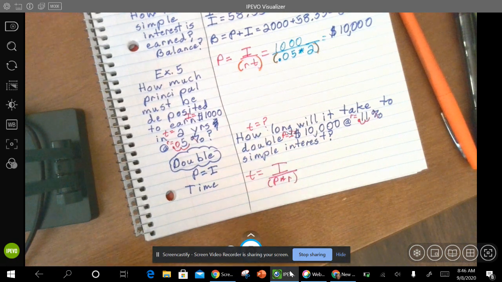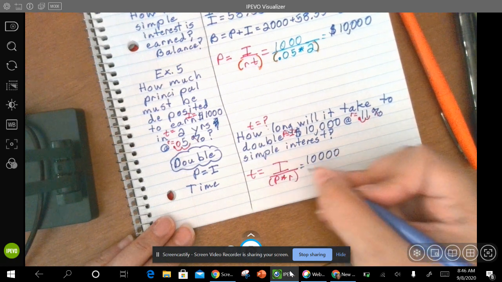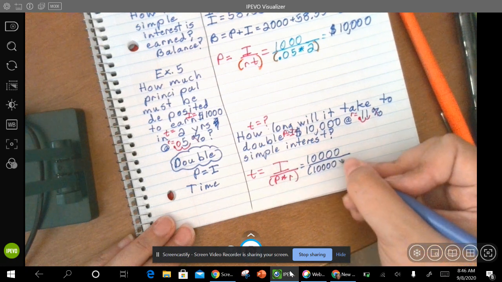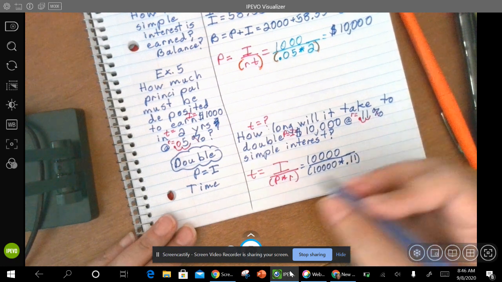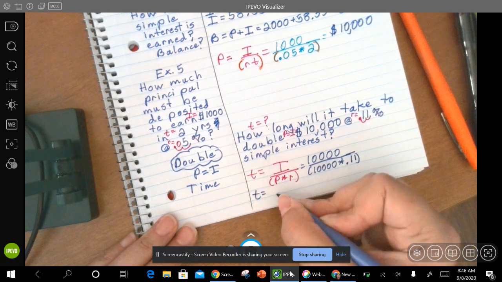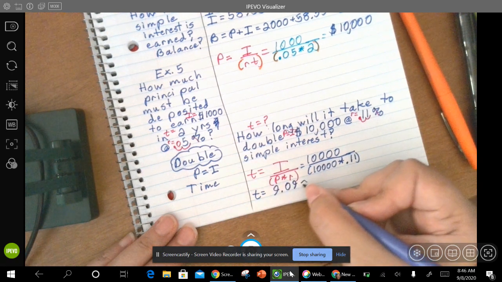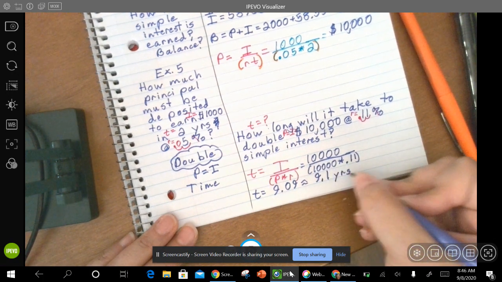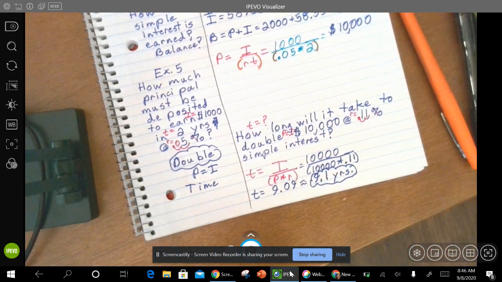So we substitute those all in: 10,000 divided by 10,000 times 0.11. And the time that we get, everybody, is 9.09, and we usually round time to the tenths place, so 9.1 years. A little over 9 years it would take to double at that interest rate. Everybody got this?